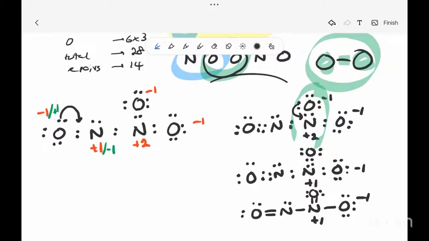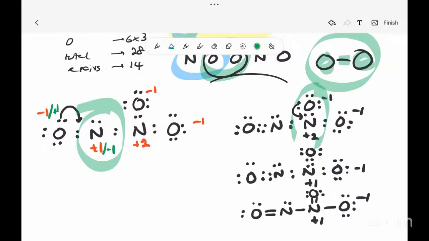So what I have done is I have placed the atoms oxygen, nitrogen, nitrogen, and oxygen. The mistake I made here was in placing the formal charge. That should be +1, right? Then I have done an electron transition from oxygen to nitrogen, in order to reduce the formal charge.